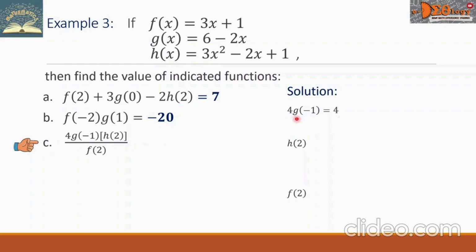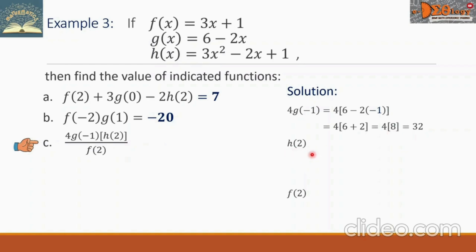Then we evaluate g of negative 1. Our g of x is here. 6 minus 2x now becomes 6 minus 2 times negative 1. This negative 2 times negative 1 is positive 2. So 6 plus 2 is 8 times 4 equals 32.